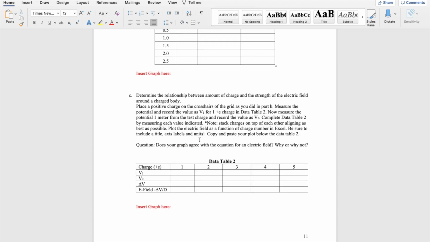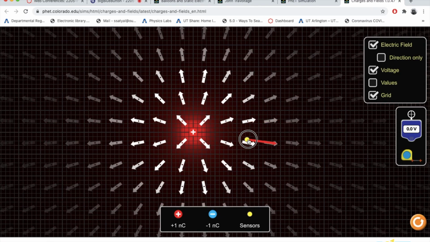So here we're trying to see the relationship between charge and potential. This one is the sensor, guys. It's also for some conceptual questions. It will help you explain the direction of the electric field. So this is the positive charge Q, right?